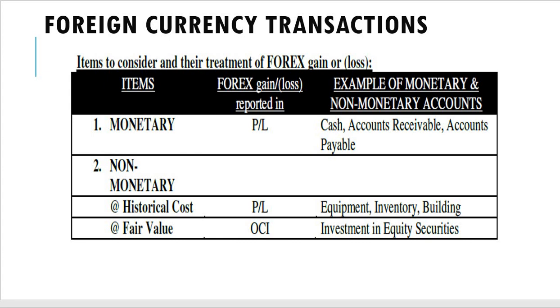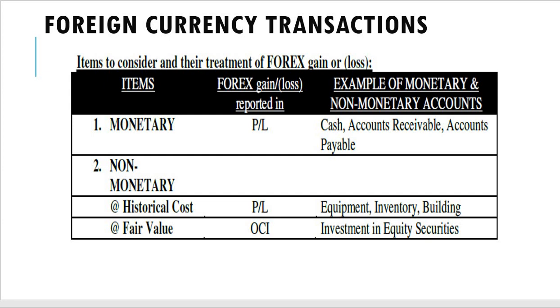Okay, so subsequent to transaction date or balance sheet date, okay? Kasi at transaction date, whether monetary or non-monetary, we are using historical rates. Yung historical rate kasi ang gamit natin, no, initially in recording the accounts, whether monetary or non-monetary.